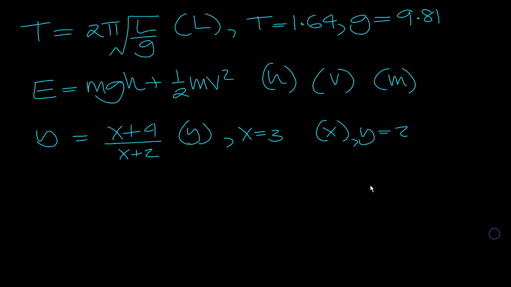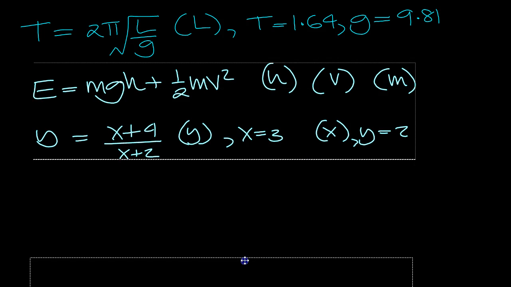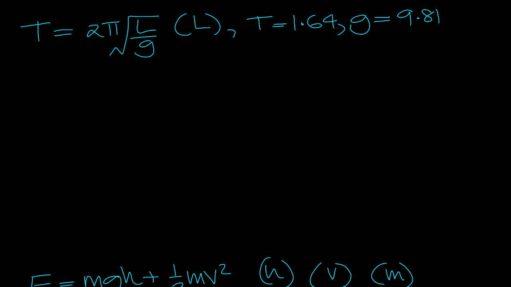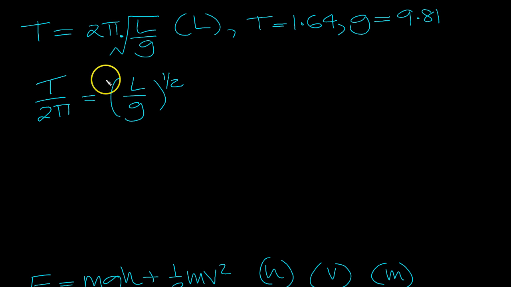Okay. So these last three examples in the notes, have a quick look at them now. So rearrange for L then. The first thing is to move this to underneath. T over 2 pi will equal the square root of L over G. Now the square root is power half. I'm going to square both sides in one fell swoop.